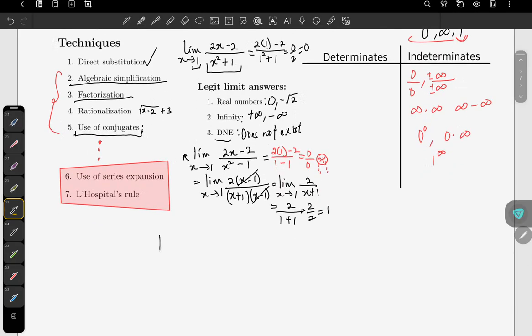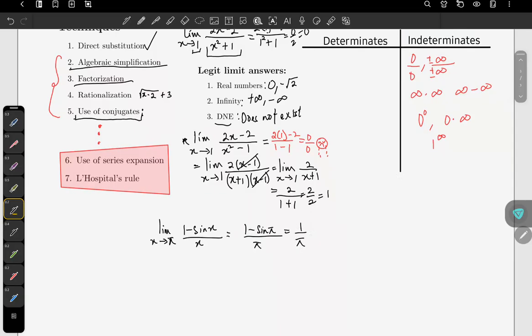And when we do that, we are not doing rationalization. For instance, if I have something like the limit of 1 minus sine x over something as x goes to 0 or pi, although this is not a problem, because if I substitute directly, this is going to give me 1 minus sine pi over pi, and that is 1 over pi.